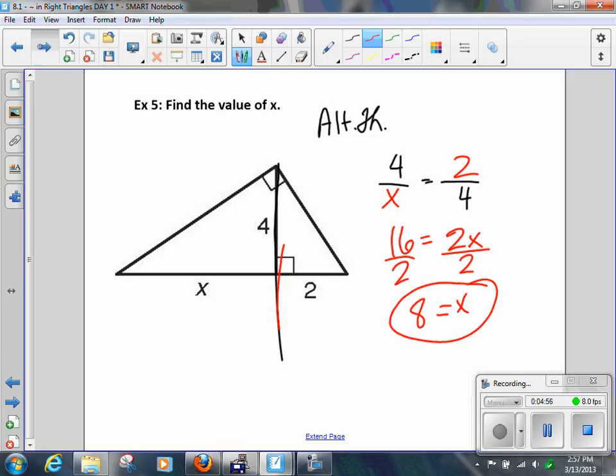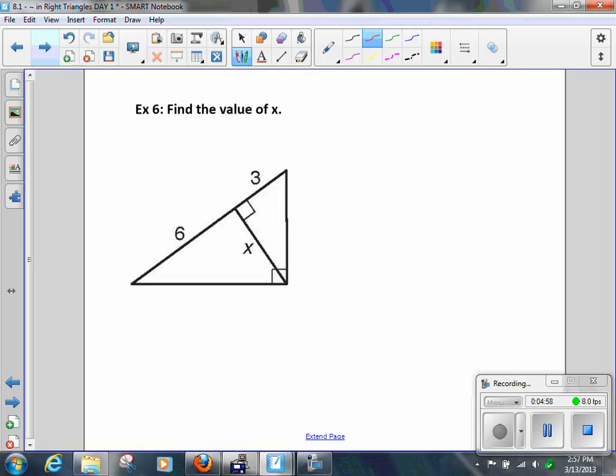Let's look at another one. Am I given an altitude or a leg? I'm given the altitude. Chop it through the hypotenuse, and put up here altitude theorem. If we're using the altitude theorem, what goes on the diagonals? X and X. What does it chop through? 6 and 3. Solve for X for me, please, and let's leave it in simplest radical form.